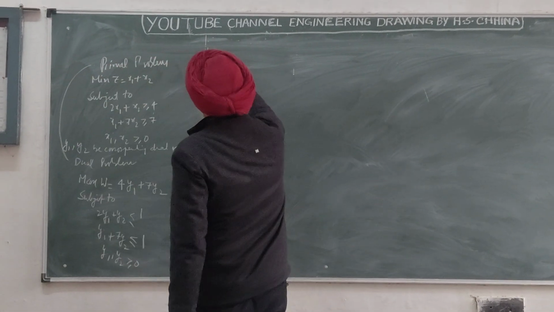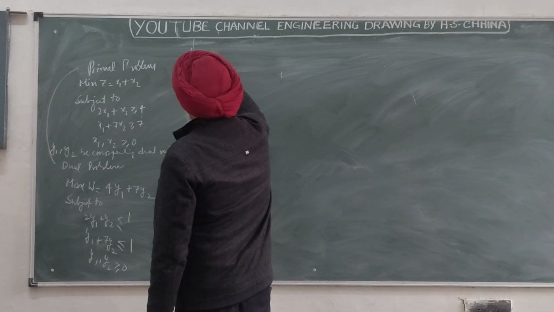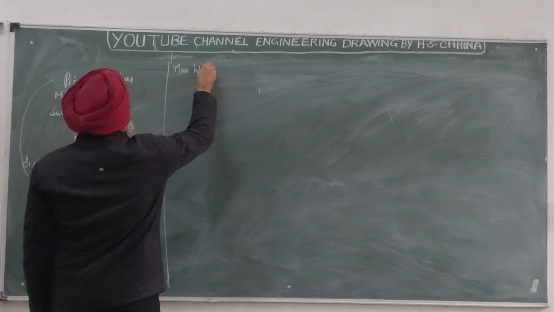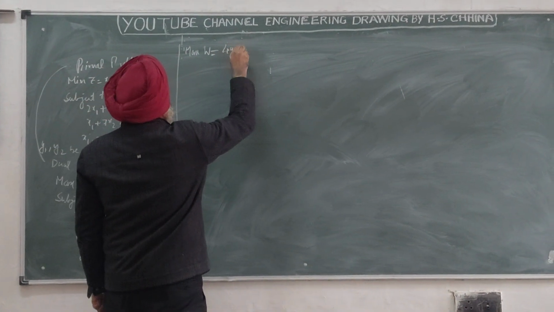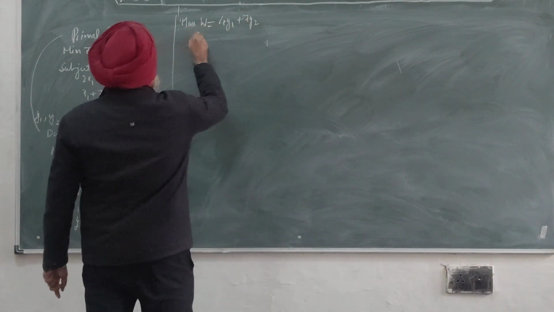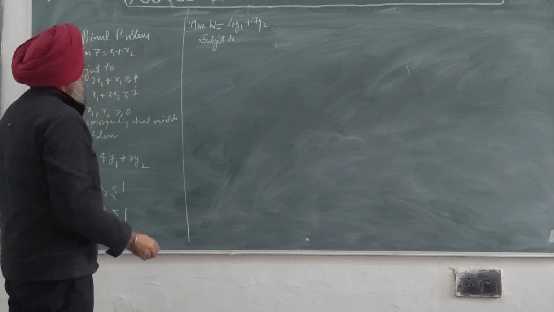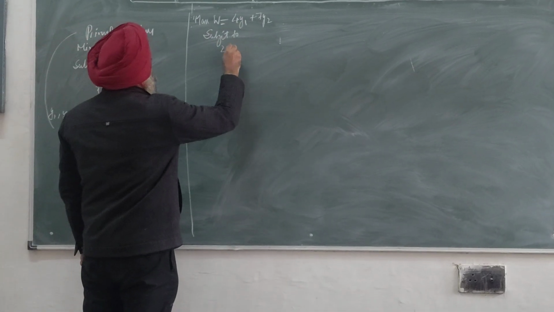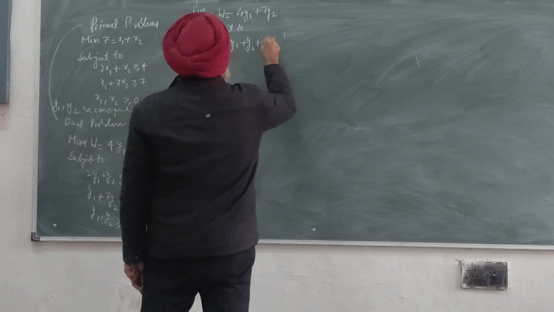Now if you look at this problem, I'm going to solve this problem actually. Maximum W is equal to 4y1 plus 7y2 subject to. If you look at the constraint, this is the less than equals to type: 2y1 plus y2 plus s1.